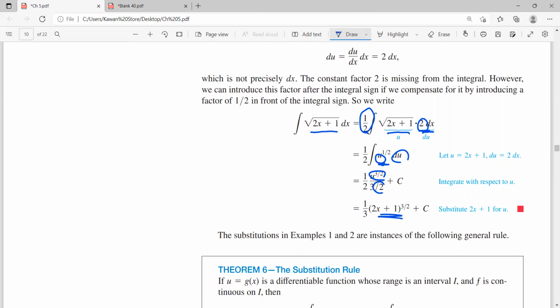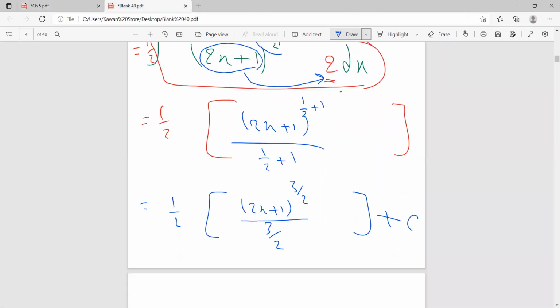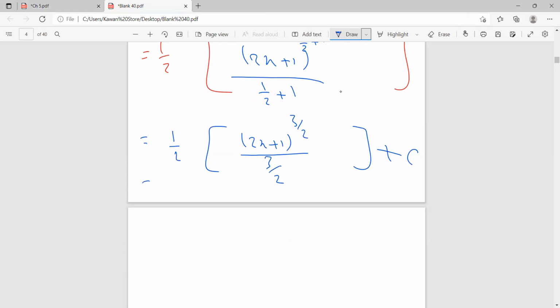So maybe you ask me why this result is not equal to our result, because we have 1 over 2, and I'm going to take the reciprocal of that one. So I'll get (2x plus 1) to the 3 over 2 over 3 over 2 plus c. That one with that one will cancel, and we get 1 over 3.